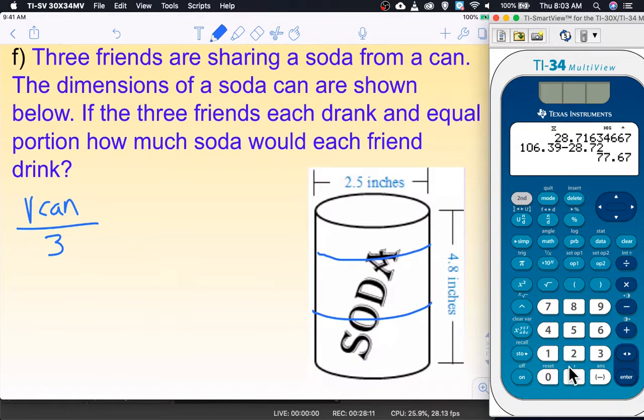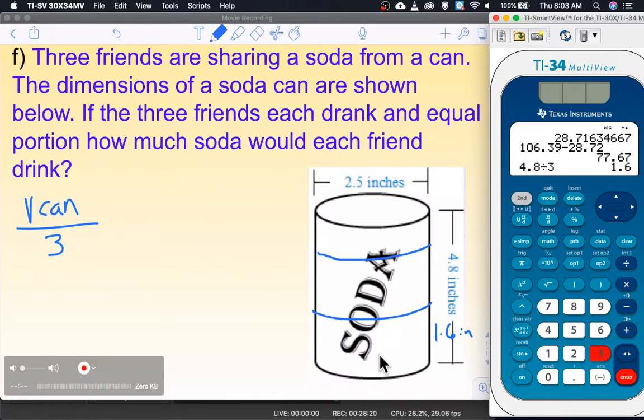You could take that 4.8 and divide it into 3 pieces and find that each person would drink about 1.6 inches of the soda in the can. It's a different method. They both work. So you could use this as your height and change this into a radius, and you would find your volume. But I bet most of you found the volume of the can, and then divided by 3. So that's how we're going to do it.